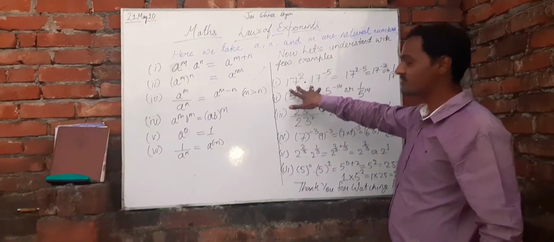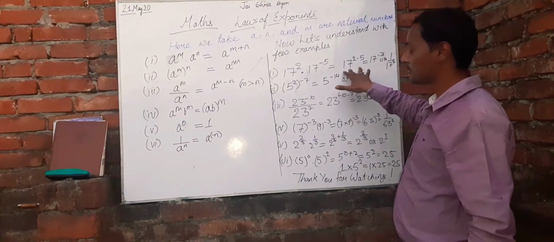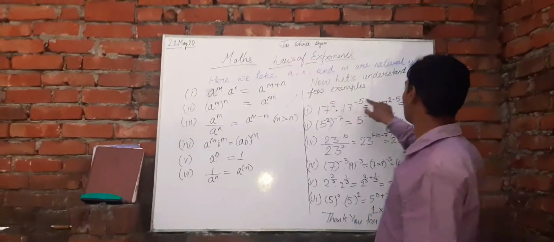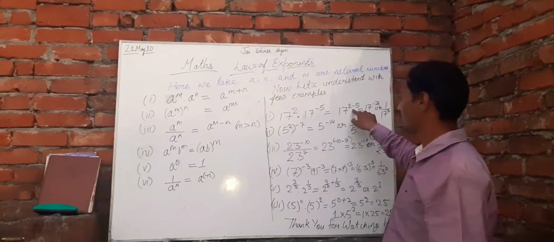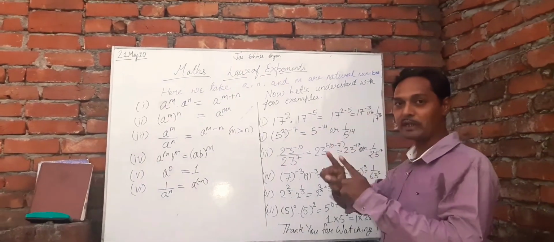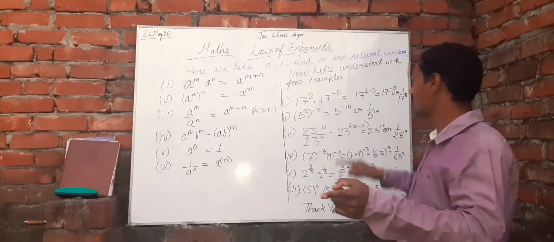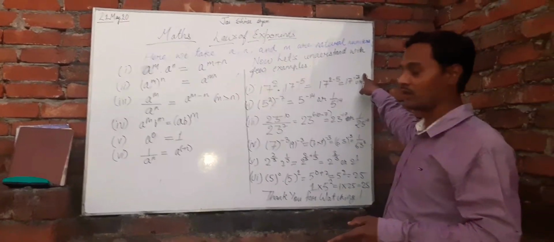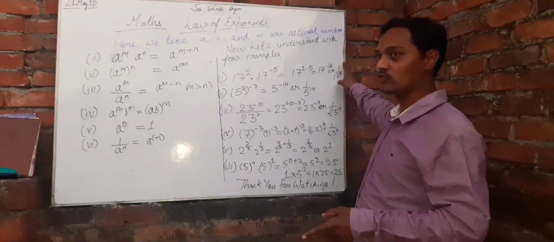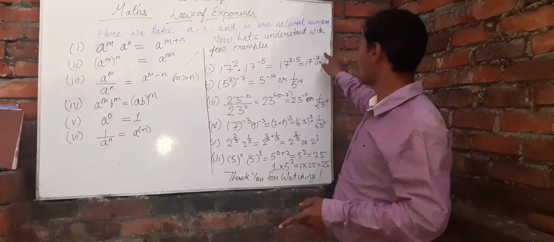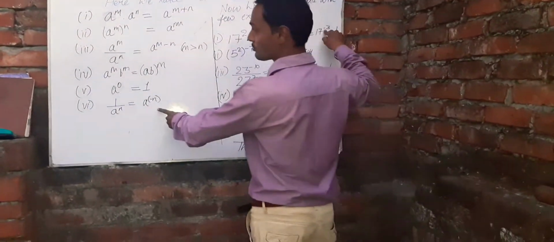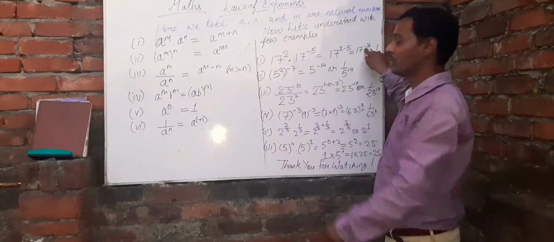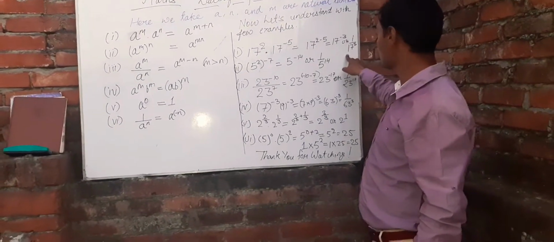See, both bases are the same, so we keep 17, and as this is the sign of multiply, here will be 2 plus minus 5, and you know very well that plus minus goes to minus, so minus is here. 2 minus 5, that is 17 to the power minus 3. 17 to the power minus 3 equals 1 upon 17 cubed. Because the power is minus, you can take it in divisional form. Here also the power is minus, so you can take it in divisional form.